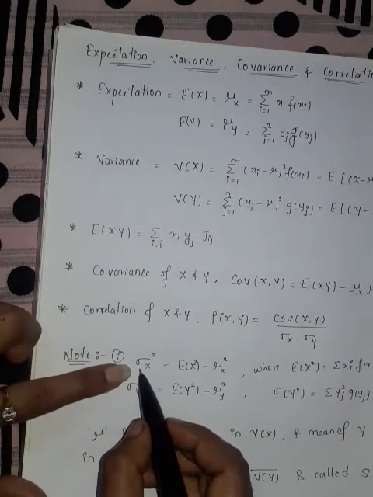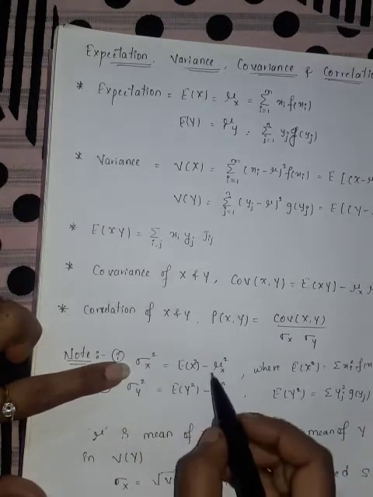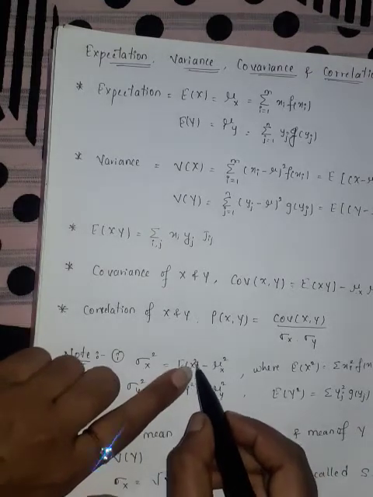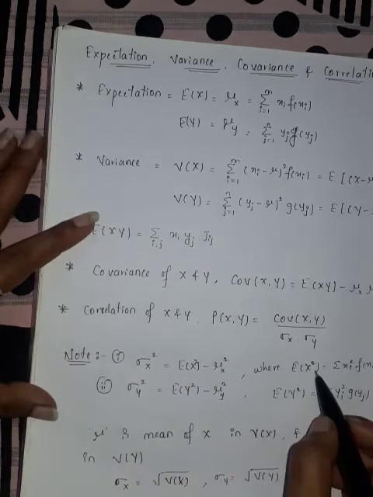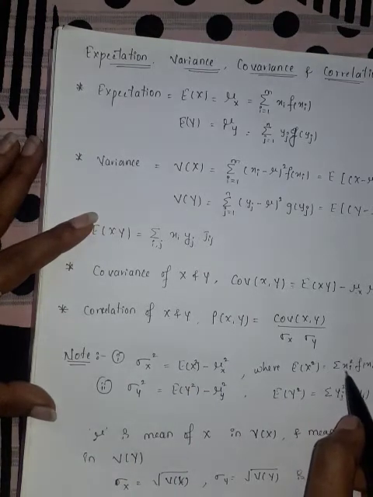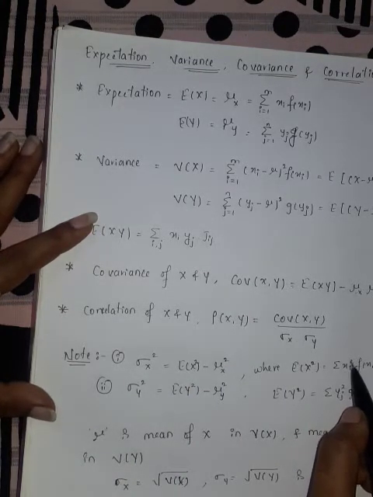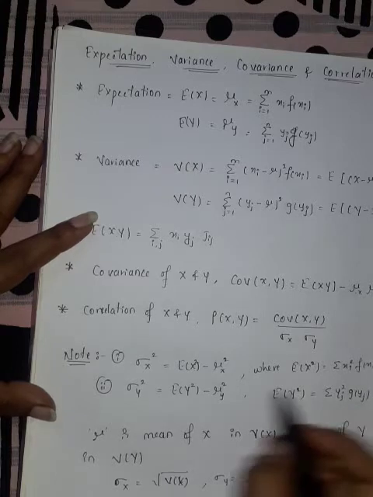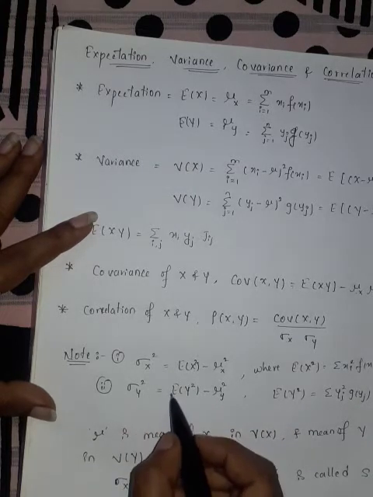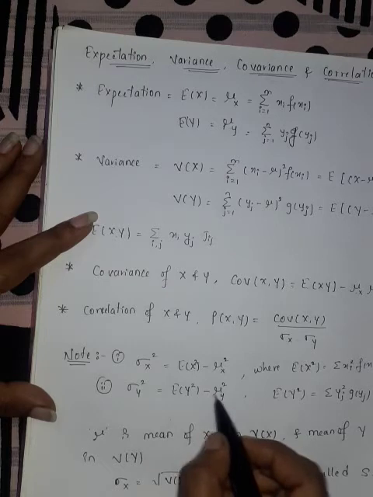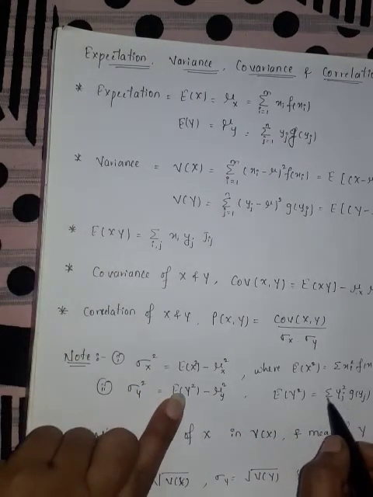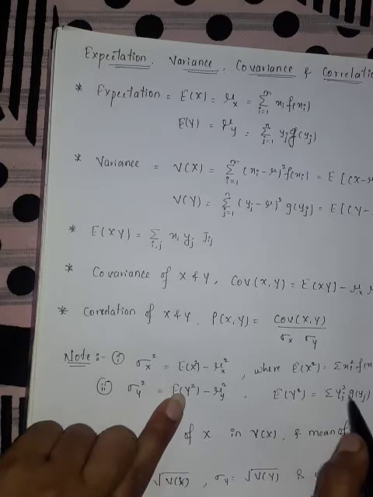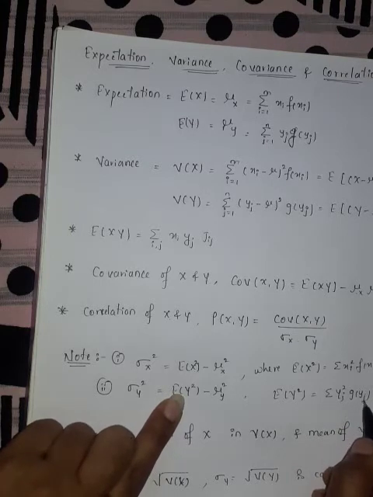So sigma x whole square is expectation of x square minus mu x square, where expectation of x square is summation of xi square f of xi. Similarly, sigma y square is given as expectation of y square minus mu y square, where expectation of y square is summation of yj square into g of yj.